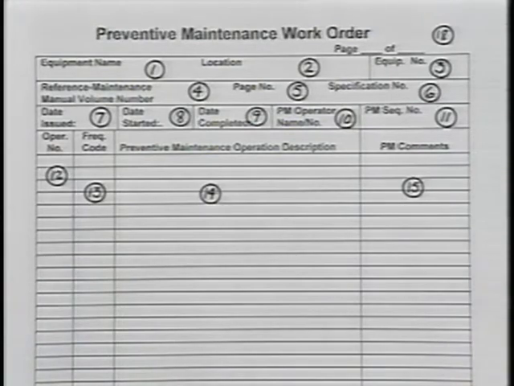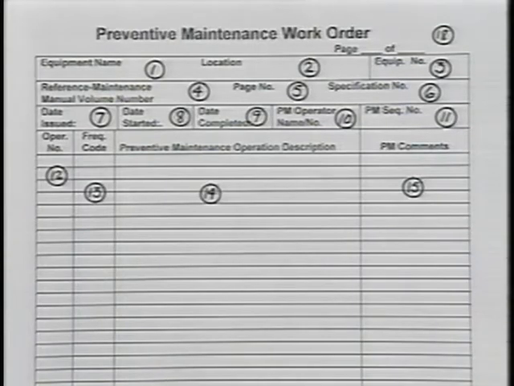Now, looking at the heading of the various columns, we have the operation number, which is similar to the sequence number on the previous worksheet. The frequency code is addressed on page number 11, and we'll go through some of the standard fixed frequency codes.